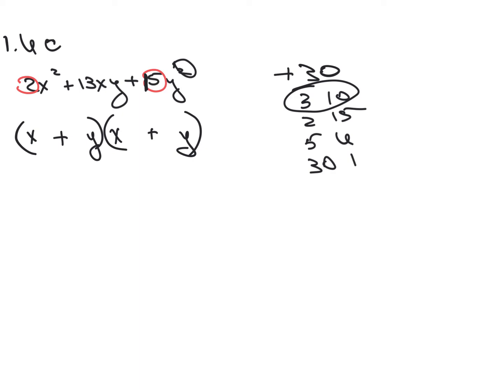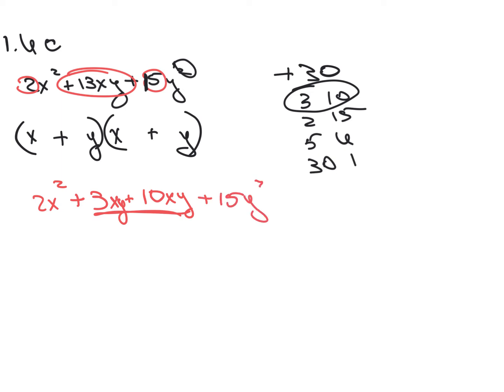So if you remember right, what we did is we rewrote that top equation, and instead of the 13xy, we're going to write 3x plus 10xy, whoops, this should have a y there too, because when you add those two together, you get this 13xy. So we put the xy in there so that we would add those together and get the 13xy, and we have the 15y squared.